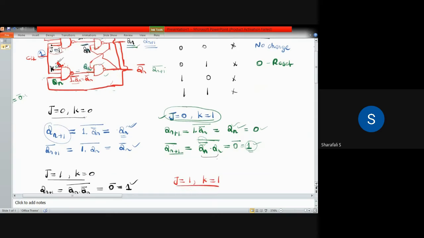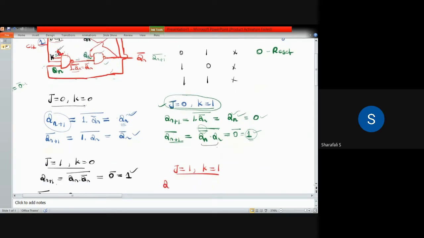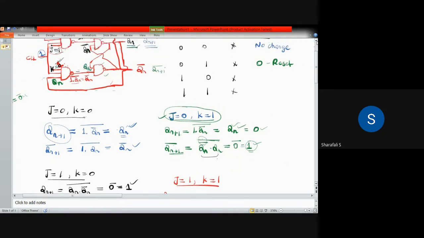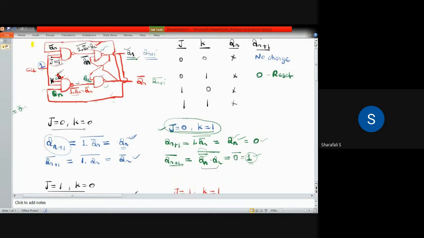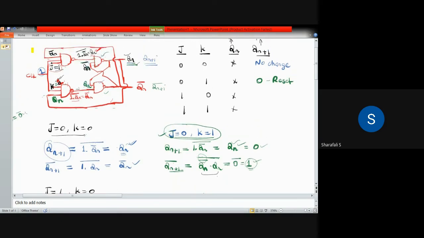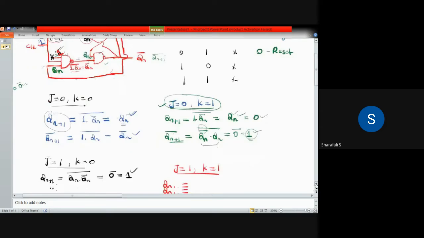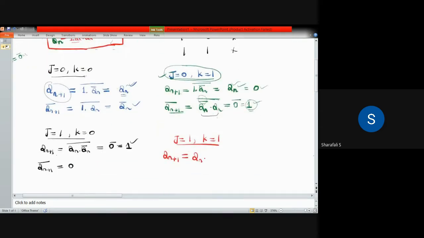First we write Qn plus 1. So what is Qn plus 1? I'm talking about this state. Here we have Qn, and here we have Qn bar. So Qn dot Qn bar whole bar will come as output, and that is nothing but 0 bar.